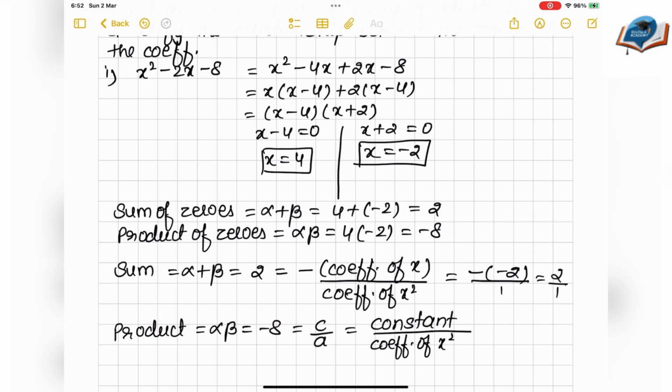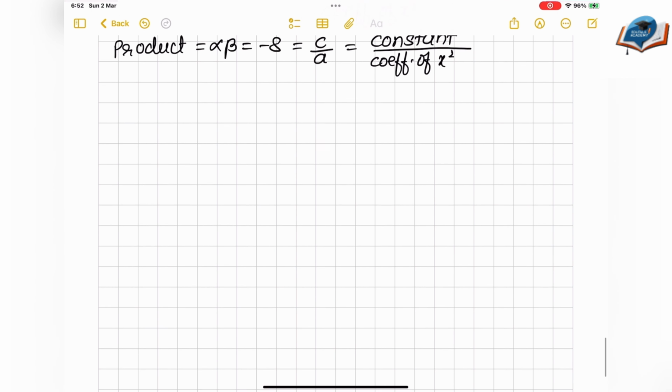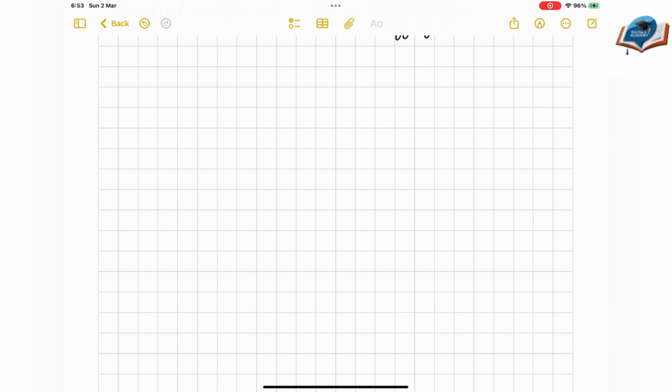Now let us move to the second one. Second one says 4x square minus 4x plus 1. So here also 4 ones are 4. 4 such factors whose sum is 4. So 4x square minus 2x minus 2x plus 1.